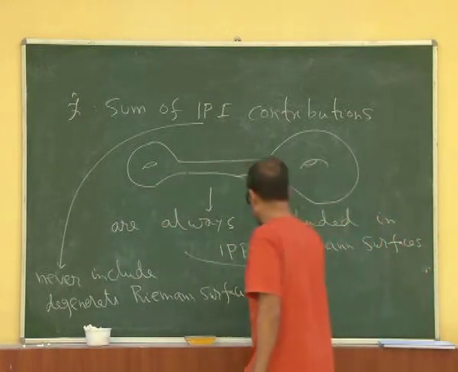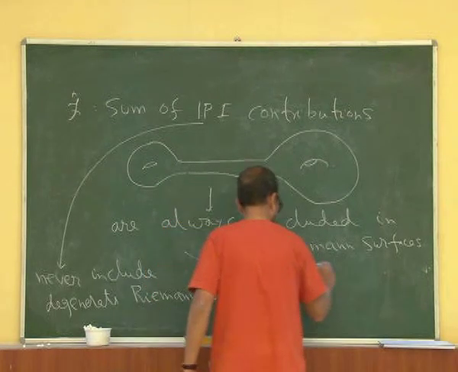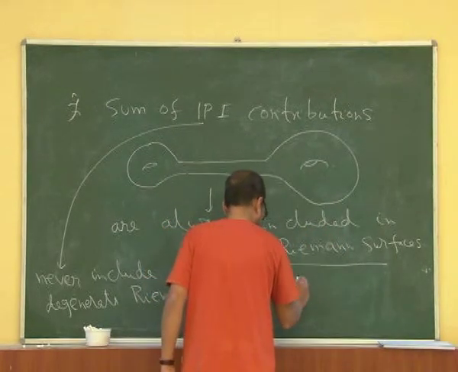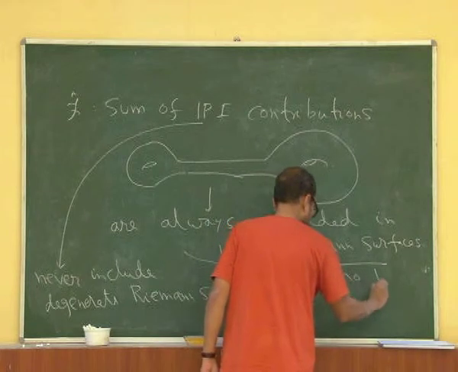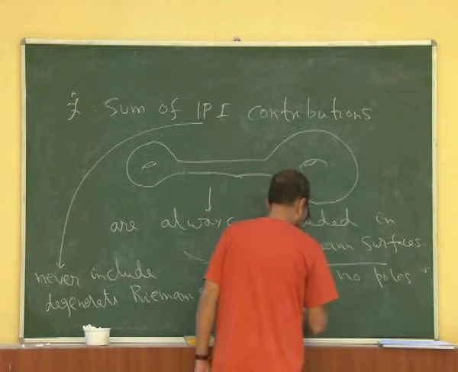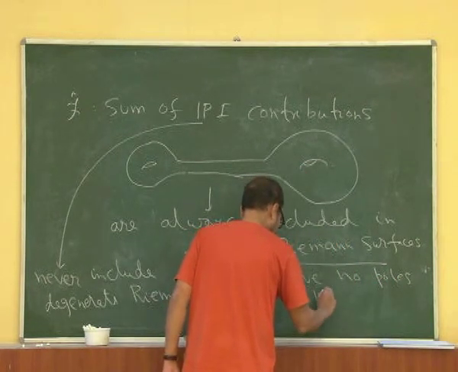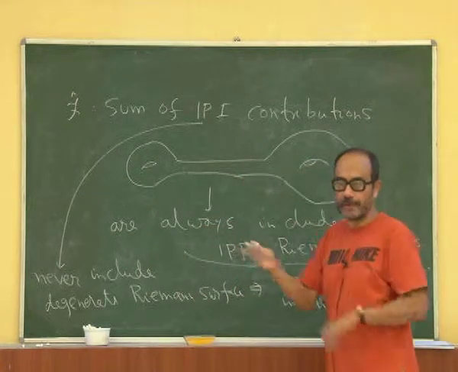And this in turn can be used to show that these have no poles in k square. These are perfectly smooth as a function of k square.